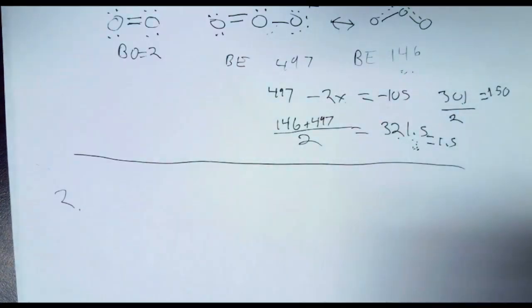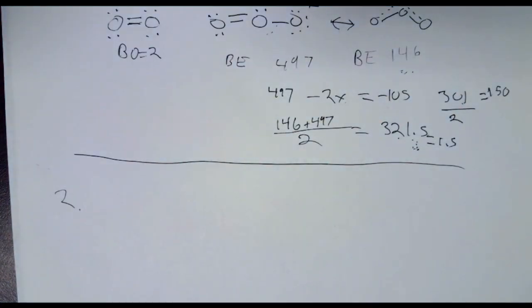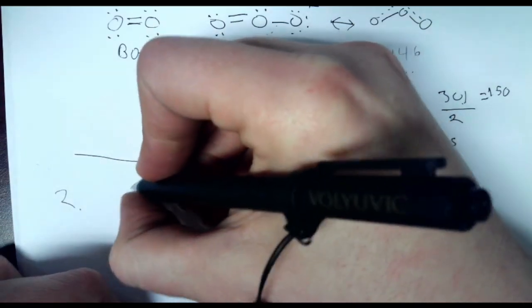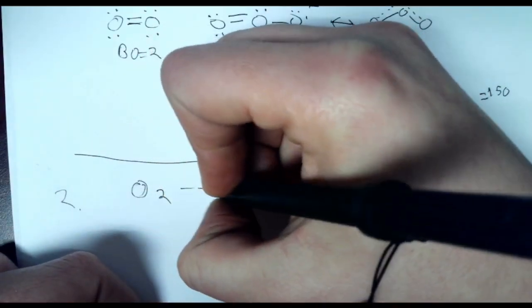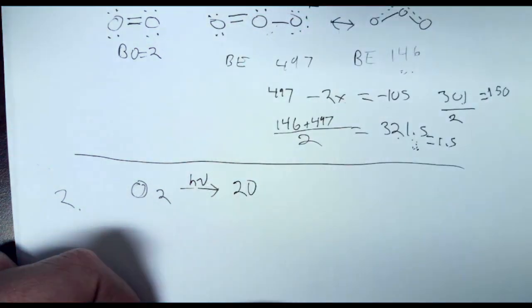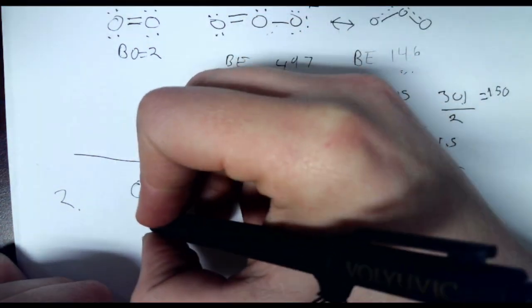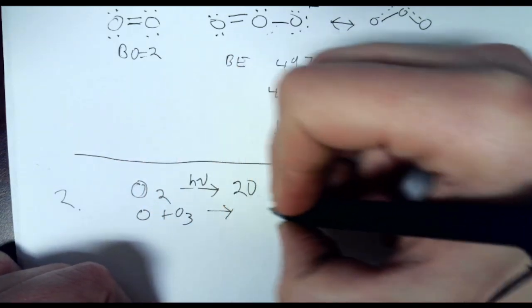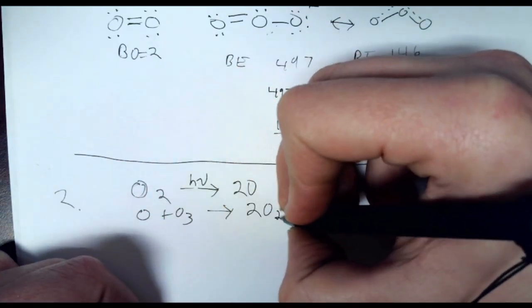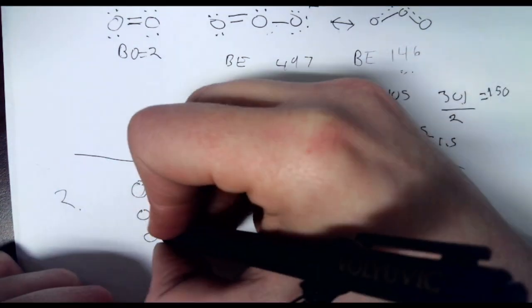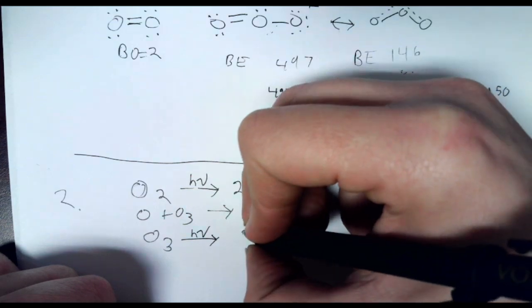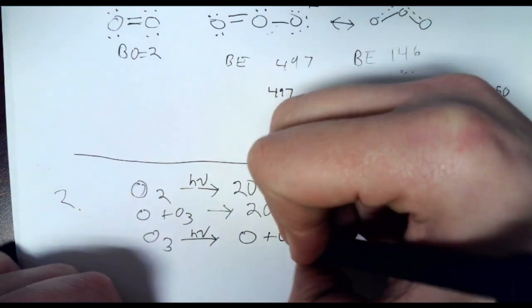So this is without any catalyst. We're looking at the 4 reactions we have. We can have O2 plus light goes to 2O. We can have O plus ozone goes to 2O2. We can have ozone plus light forms O and O2.